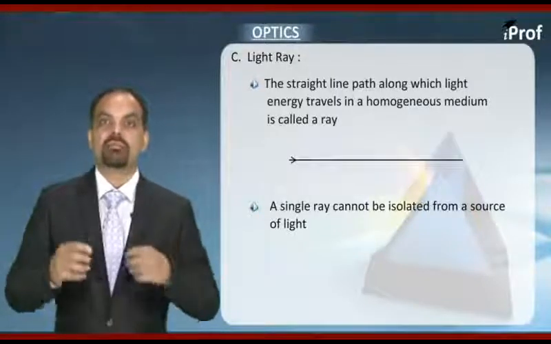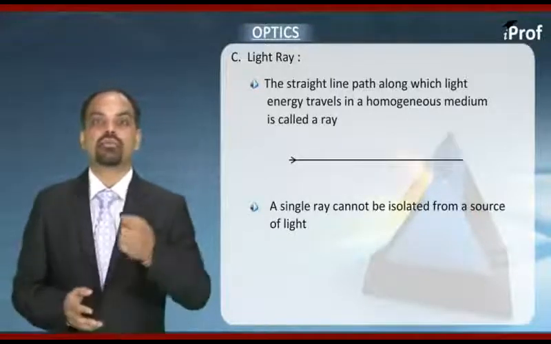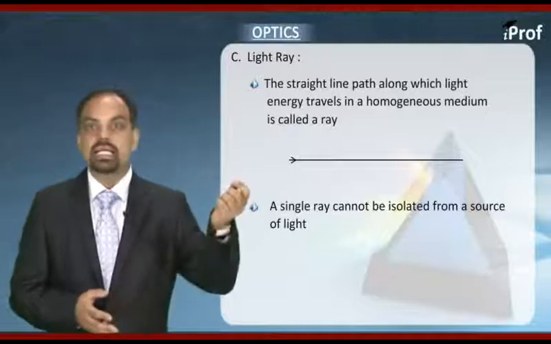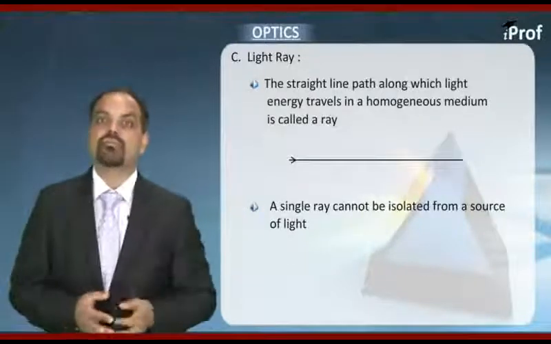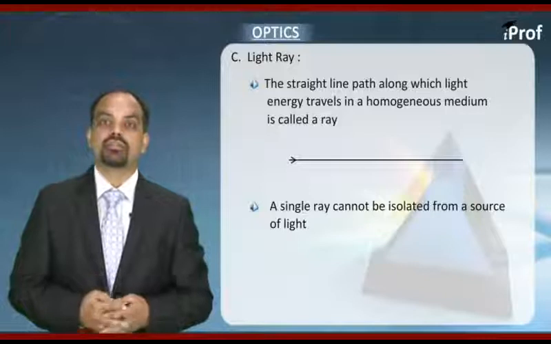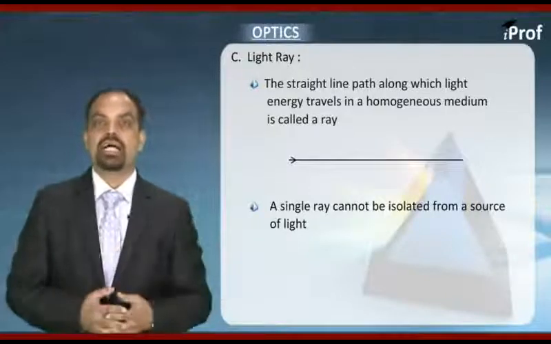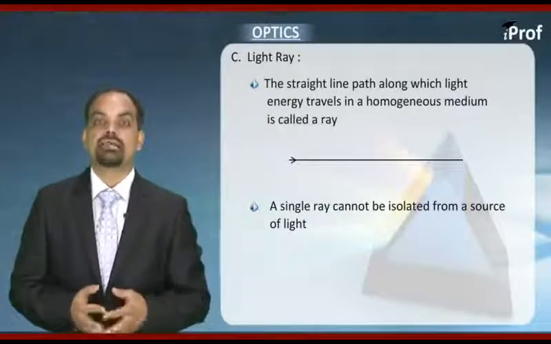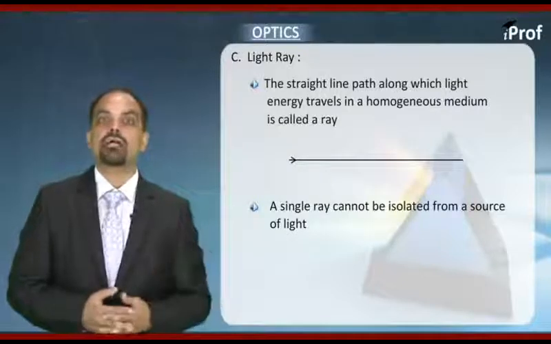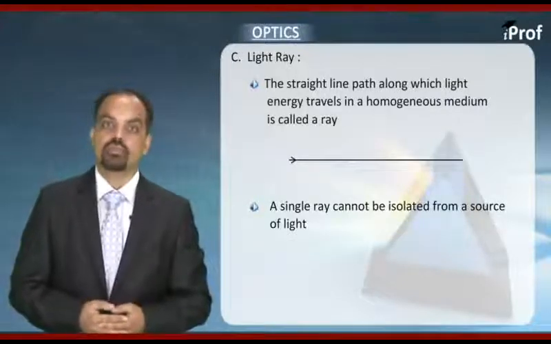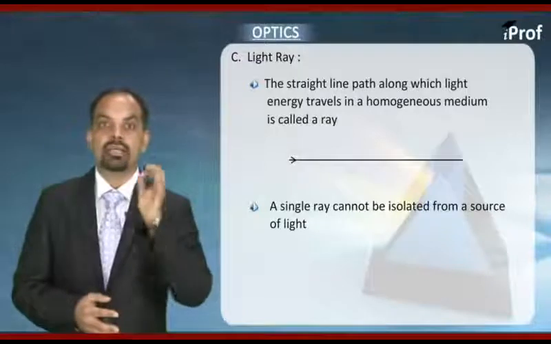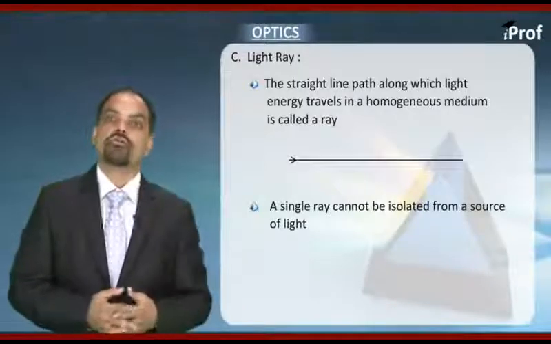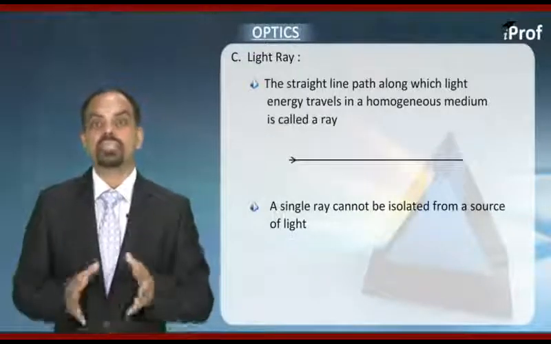Sometimes we get an impression, like you must have seen a laser torch, a very narrow light coming out. So normally we think it is a ray of light. Actually it is not a ray of light, it is a bunch of rays that we call a beam of light. So remember students, you can never get a single ray from any light source, however small it is.